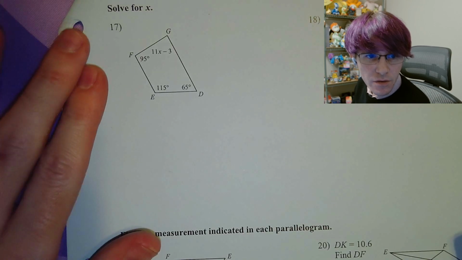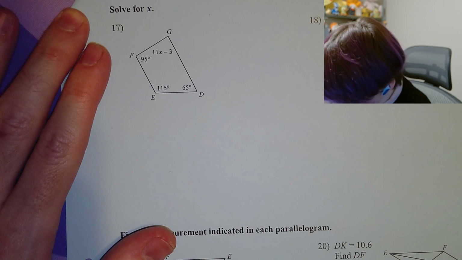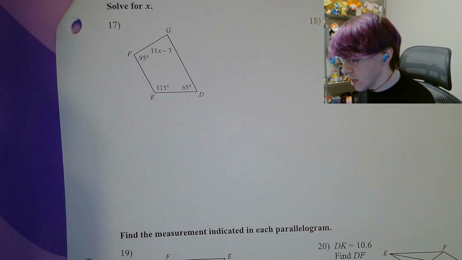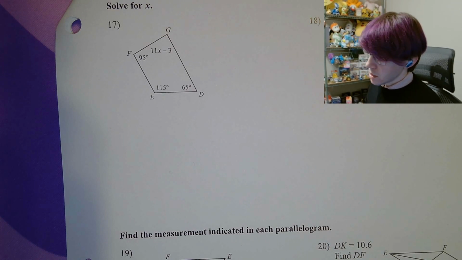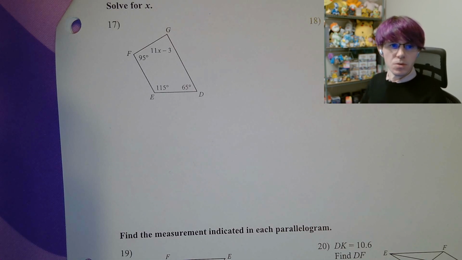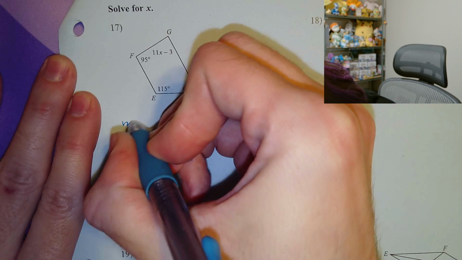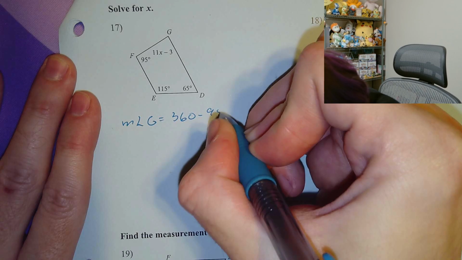Question number 17 here. So on question number 17, same exact concept, nothing special whatsoever, but I will show something that I've seen other teachers do. So this is going to be a little bit different than the way I showed in class, and maybe it makes more sense to you to do it this way. So you start off by saying that the measure of angle G is going to be 360 minus the other ones.